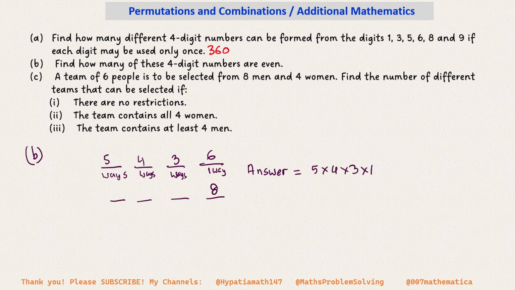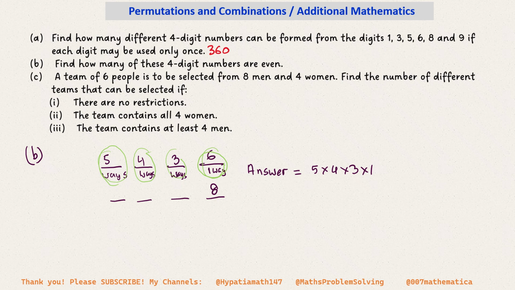So you'd have 5 times 4 times 3 times 1, no 2 needed because only 4 digits. When the last digit is taken, we only have 5 digits remaining, so the first place is filled in 5 ways, then 4 ways, 3 ways, and you have only one option here, 6. You can also have an 8, which is the next case.